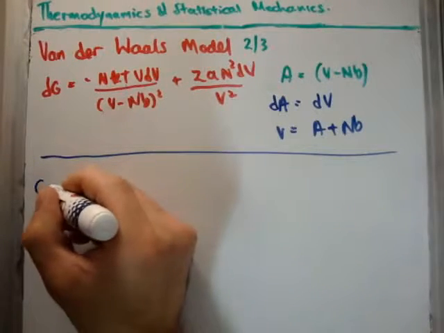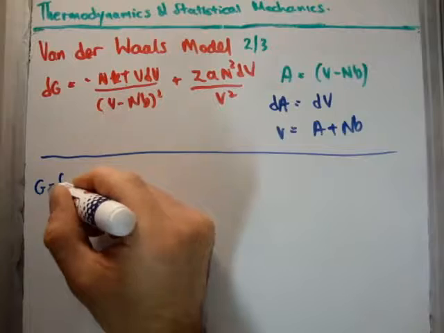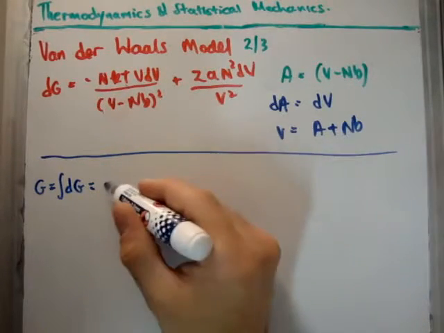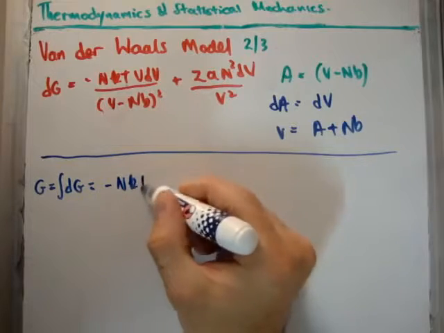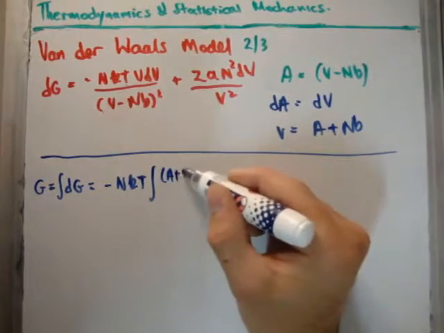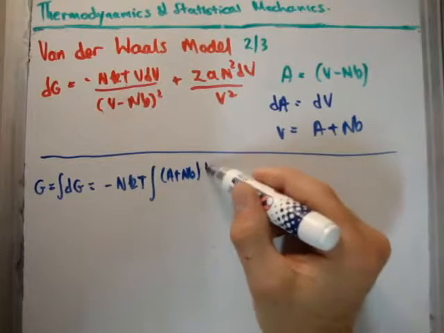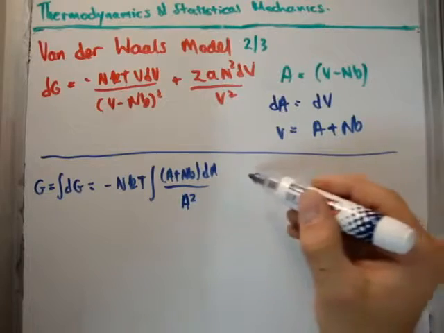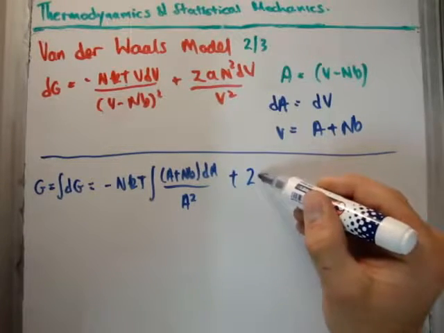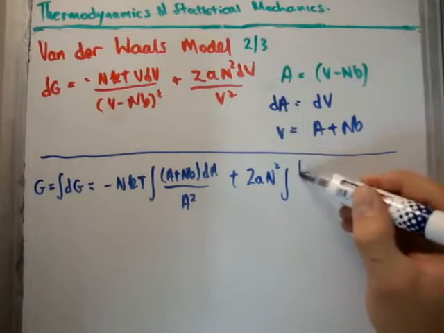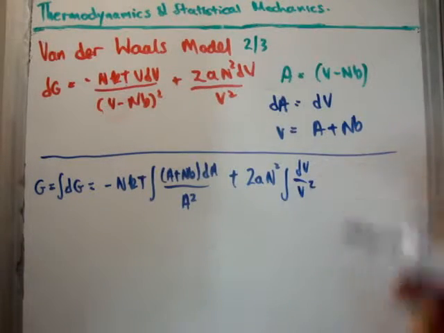So that means that the total Gibbs free energy is the integral of its infinitesimal changes, and that's going to be equal to minus nkT, the integral of (A plus nB) dA over A squared, plus 2 small a n squared, the integral of dV over V squared.